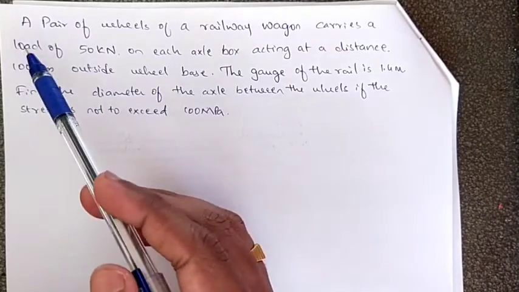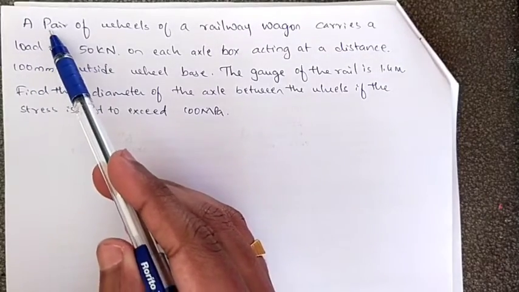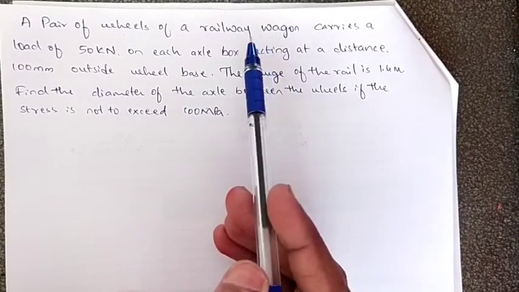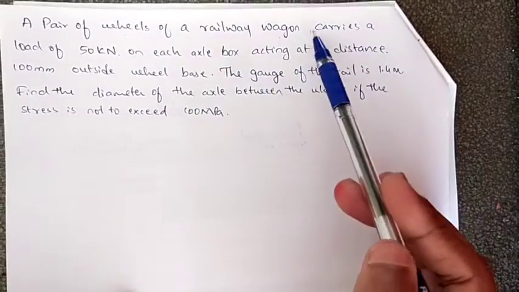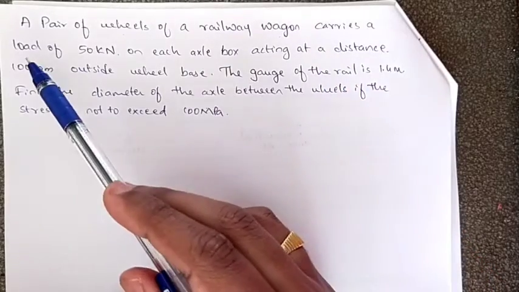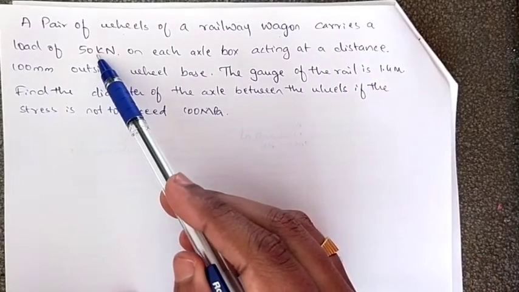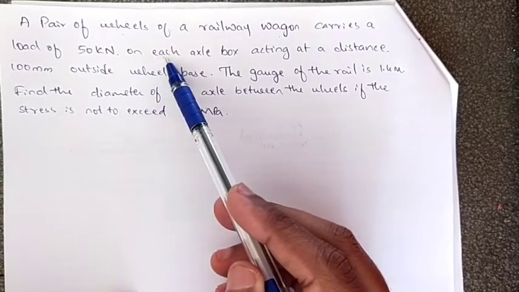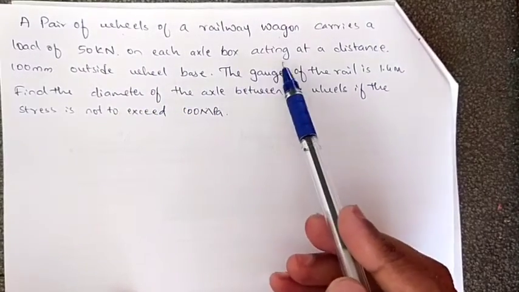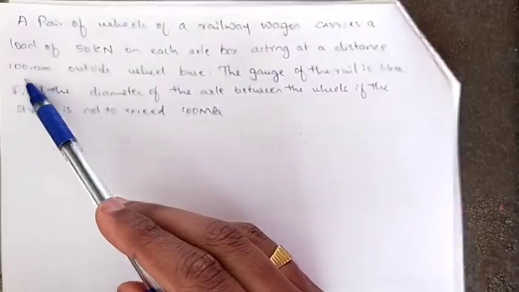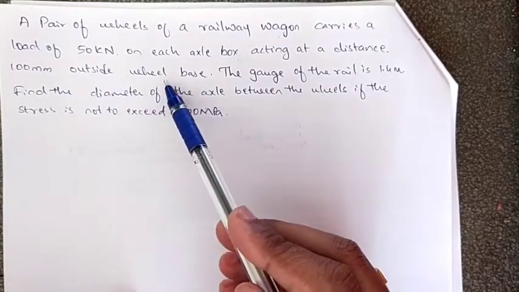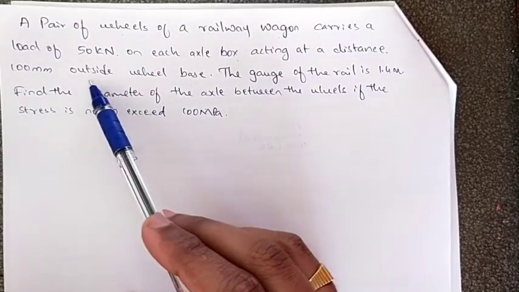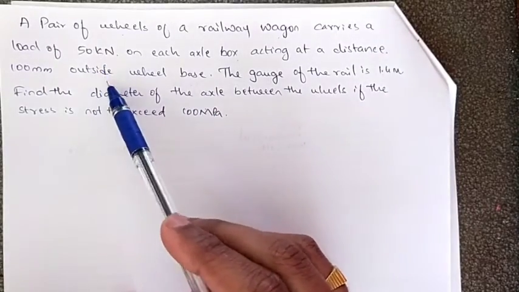Now I'll read out the problem statement. A pair of wheels of a railway wagon carries a load of 50 kilonewton on an axle box acting at a distance of 100 millimeter outside the wheelbase. 100 millimeter outside the wheelbase, 50 kilonewton is acting.